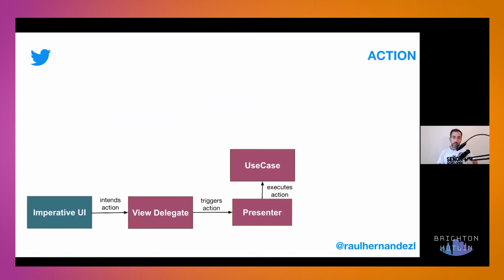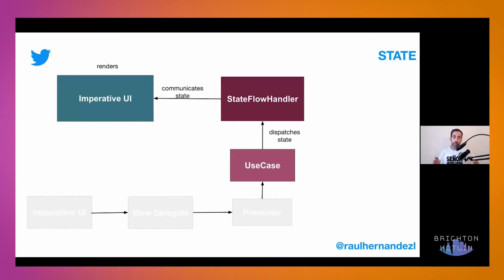Right? If we think about creating those into classes, for instance, I start from my imperative UI, intending an action, so triggering the view delegate, that is a delegate of the view, triggering those actions to the presenter, which is executing the use case. Let's assume the use case gets the proper data from the data layers. Then we dispatch this state once the use case is handling and modeling this state for the UI.